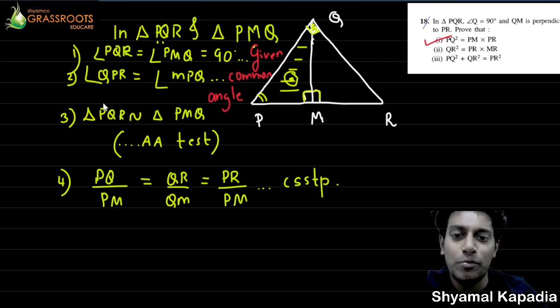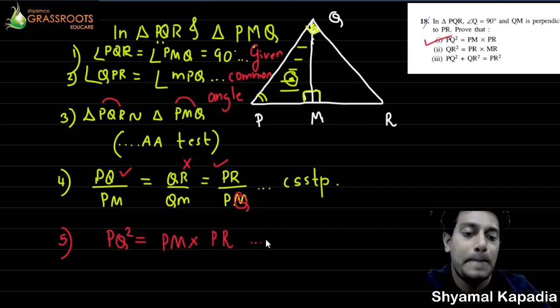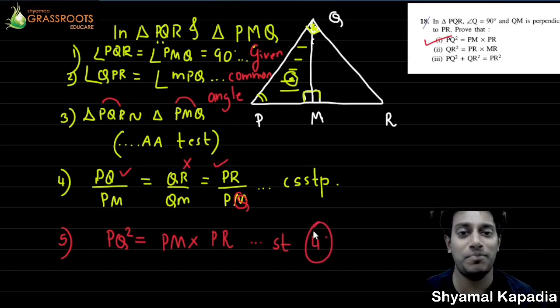I suspect it should be PR upon PQ, the last one, not PM. Here I made a mistake. It should be PQ. So I want this and I want this. You can neglect it. Cross multiply. So the fifth statement, PQ into PQ, you cross multiply. You get PQ square equals PM into PR. Statement number 4. So I am done with the first part.